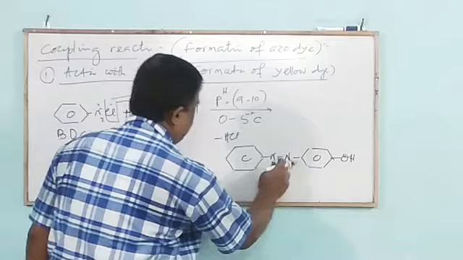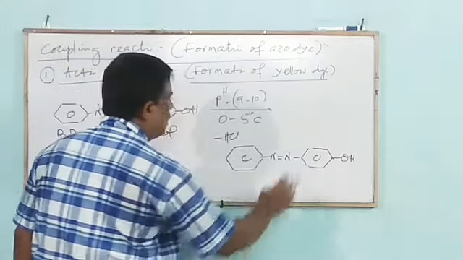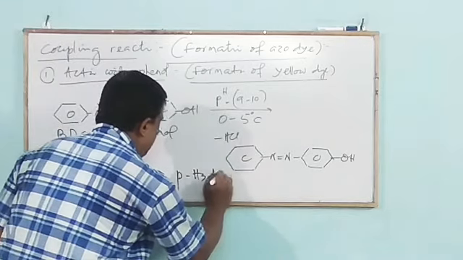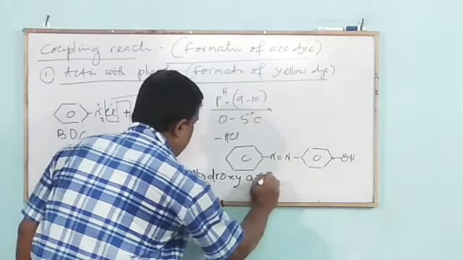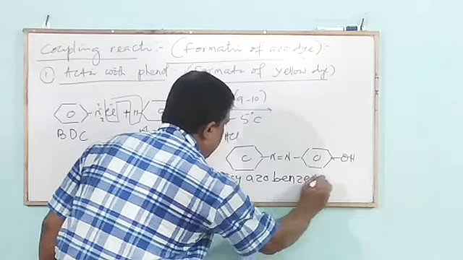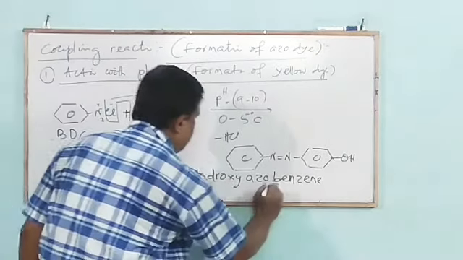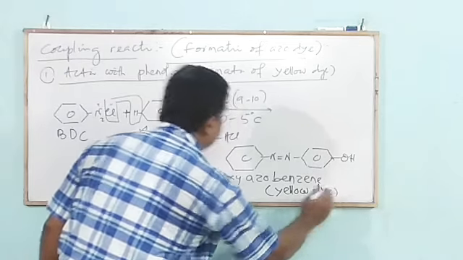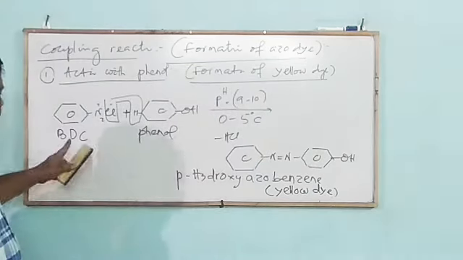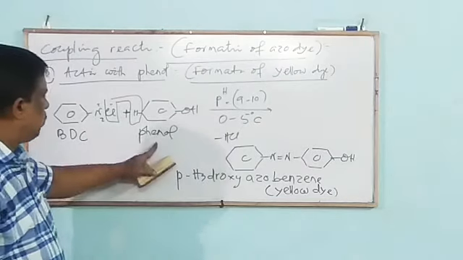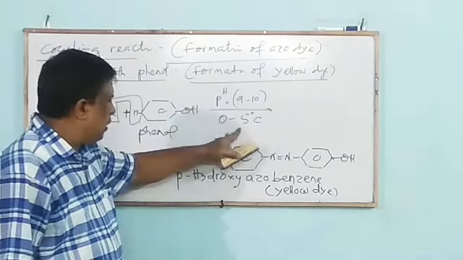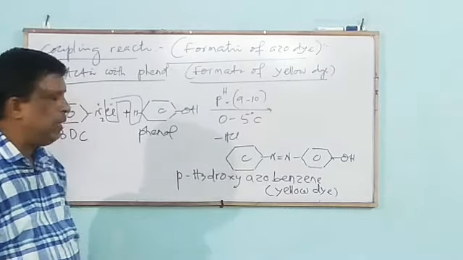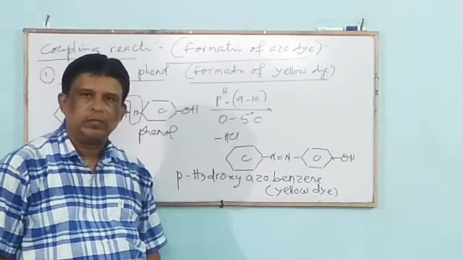The dye is p-hydroxy azobenzene, that is the yellow dye. Mark that. So when benzene diazonium chloride is treated with phenol at ice cold temperature in slightly alkaline medium, the yellow dye formed is known as p-hydroxy azobenzene.